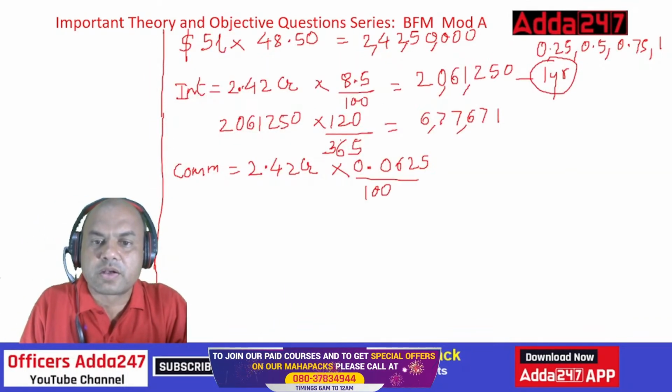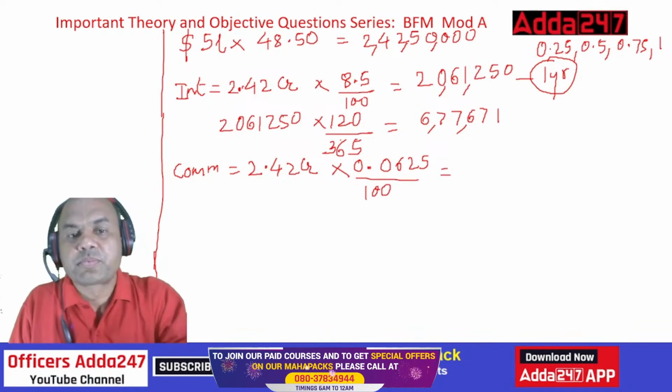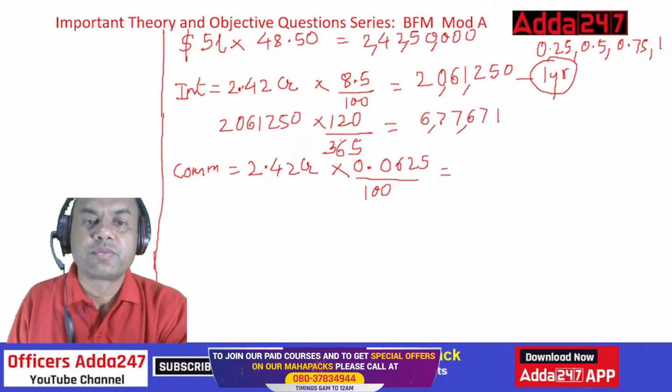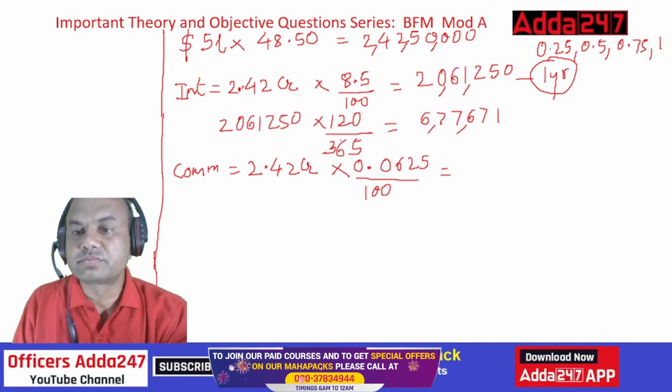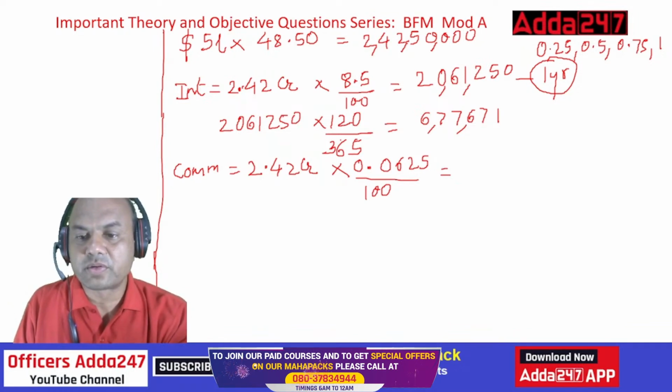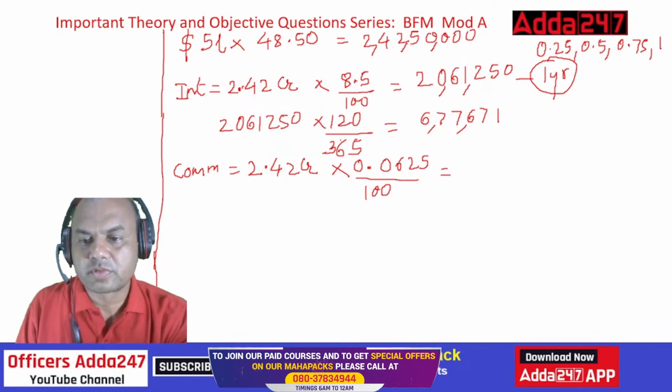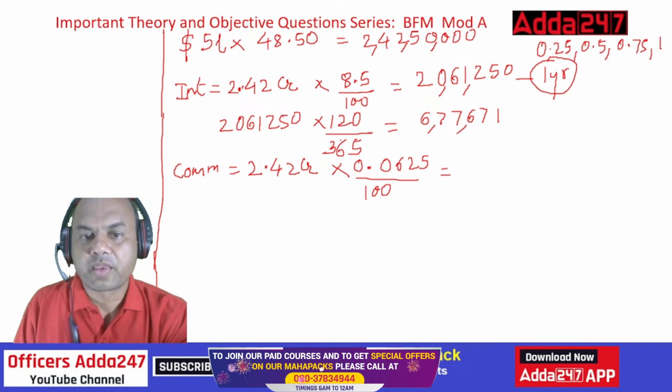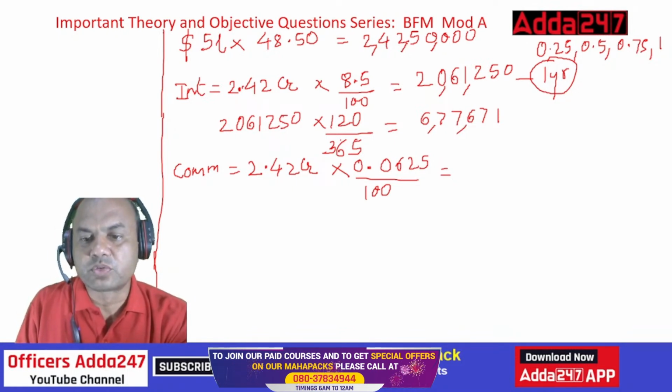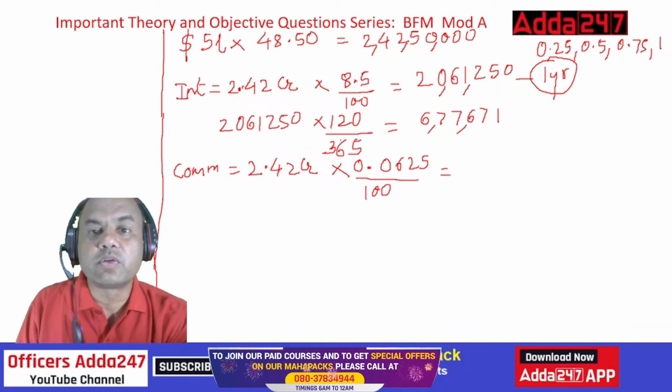So what will be the answer now? 242, then 5 and 4 zeros.